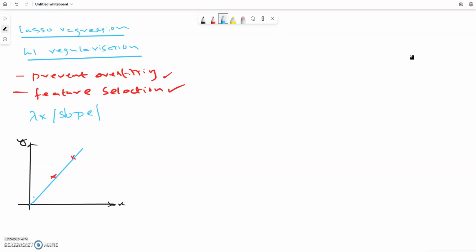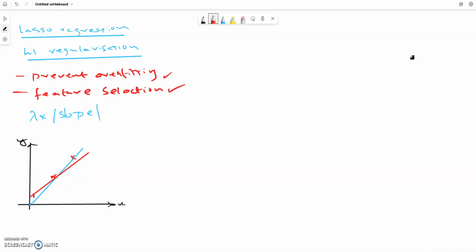Now similar to ridge regression, we have a line here which can be passing through with some amount of slope.